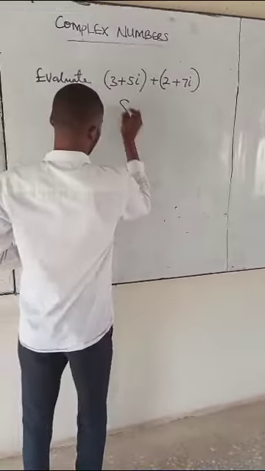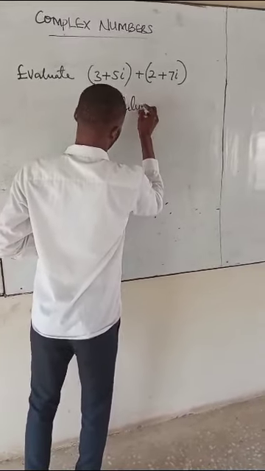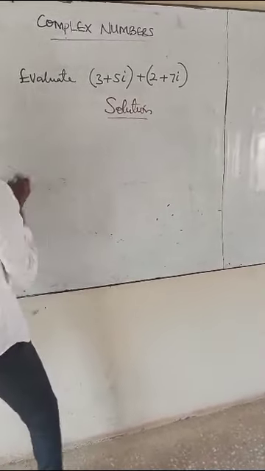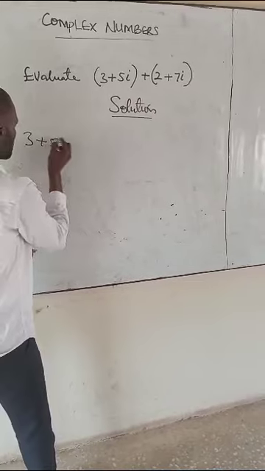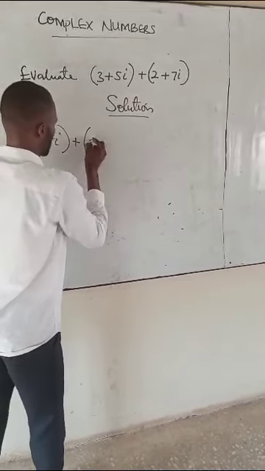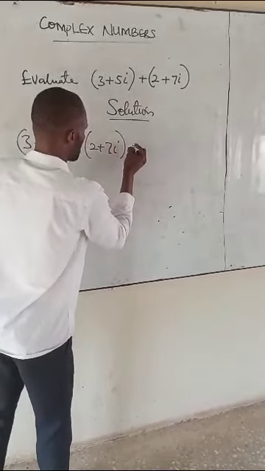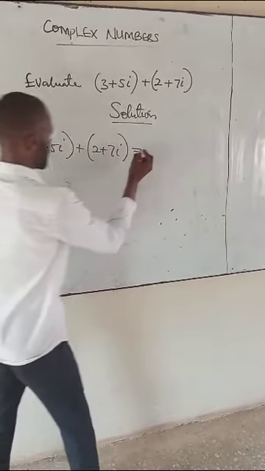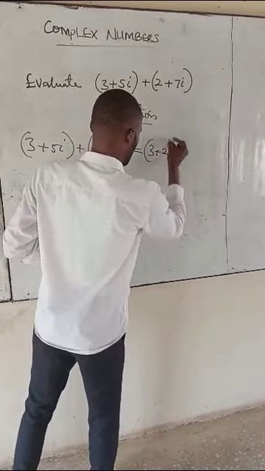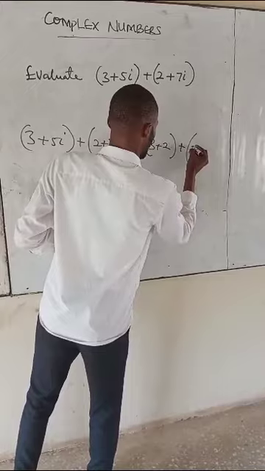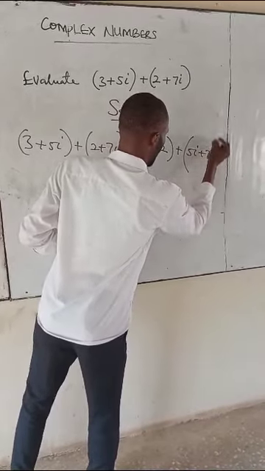So the solution: we now have, this is the question, 3 plus 5i plus 2 plus 7i. So this will give us 3 plus 2 plus 5i plus 7i.